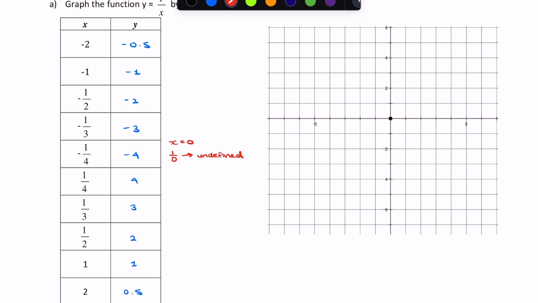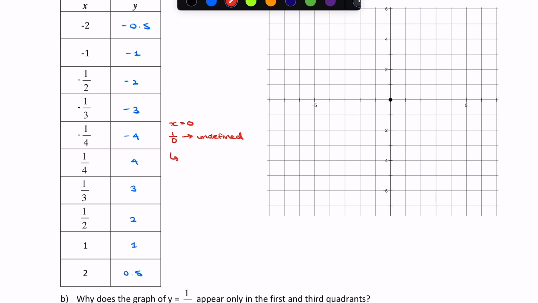So x cannot be 0, as a denominator of 0 would make the expression or equation undefined.